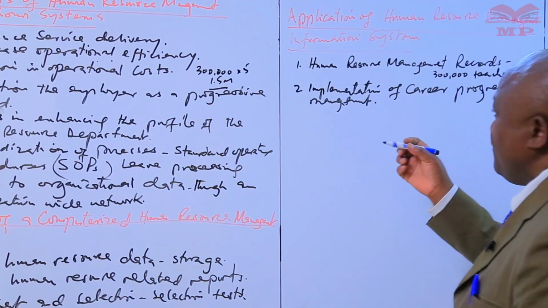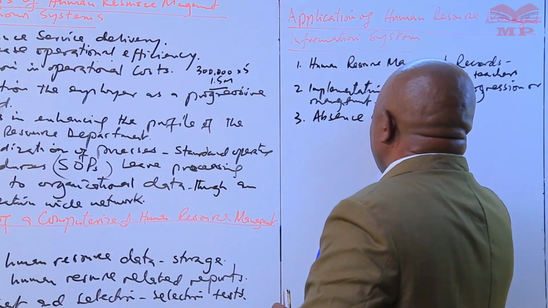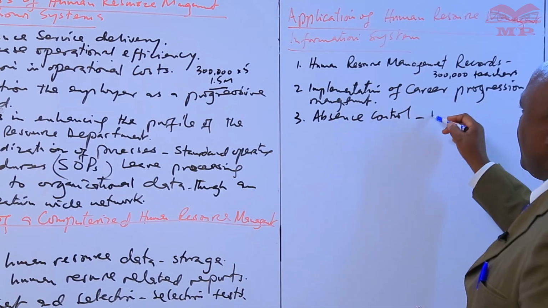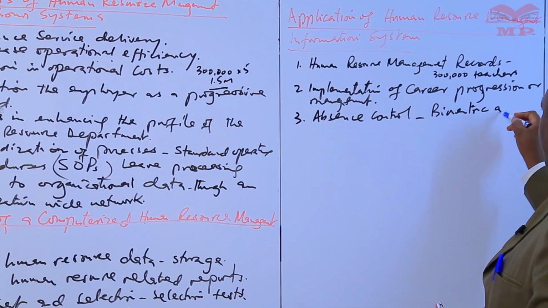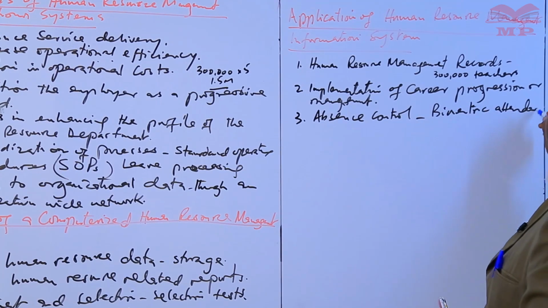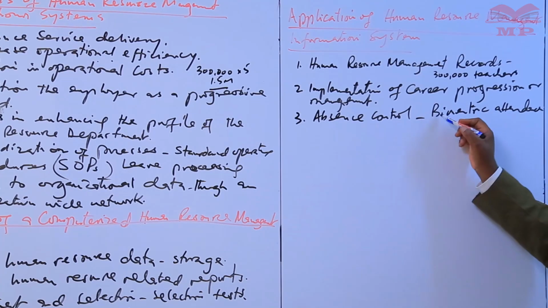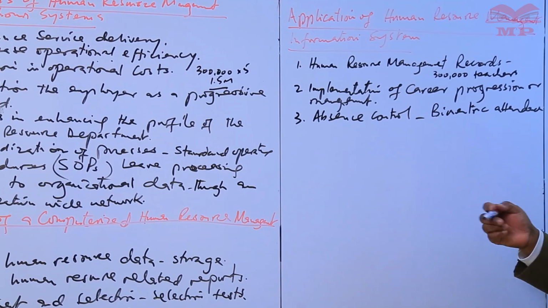Then there is also the element of absence control. As we have said, some organizations have biometric attendance. So if an employee is not available, it is possible for an organization to get that information very quickly and make particular decisions.